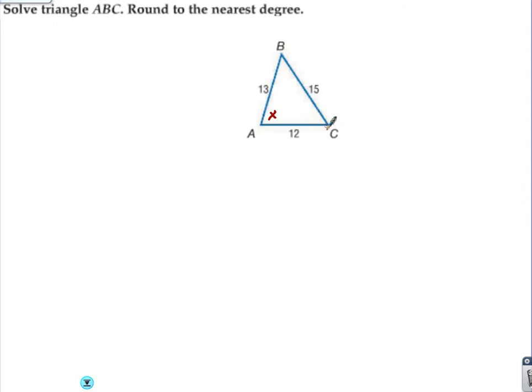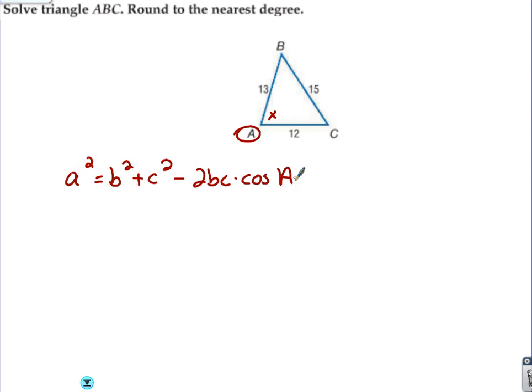So here we go. Let's attempt law of cosines. Since we're dealing with angle A, and I'm just finding this first. It doesn't matter. You can find B first if you want to. Since I'm dealing with angle A, we're going to use a squared equals b squared plus c squared minus 2bc times the cosine of A. Law of cosines. Plug everything in for me.